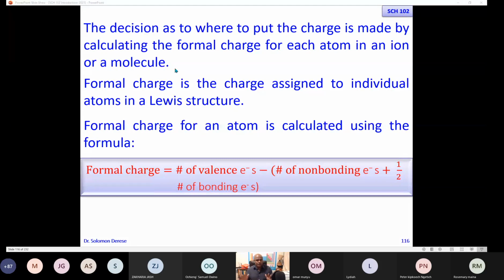So let me give you a scenario where you have 100 shillings. This 100 shillings is not in the form of cash, but in M-Pesa.